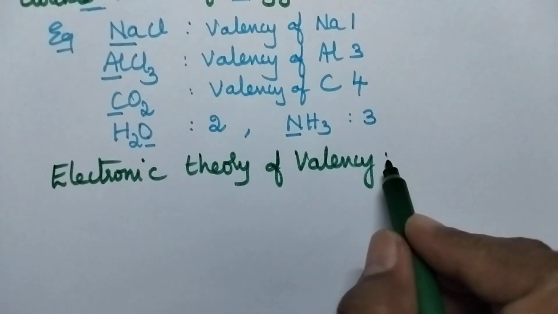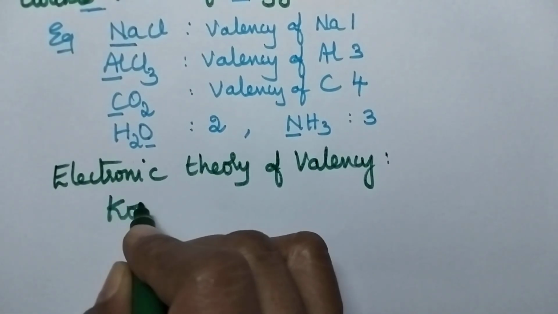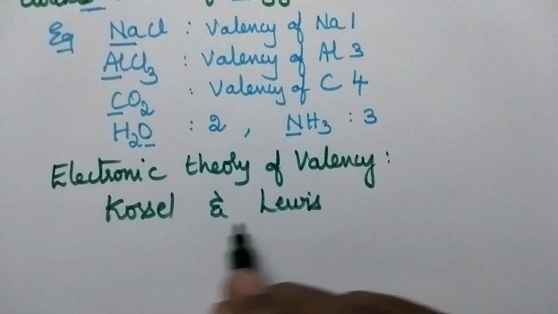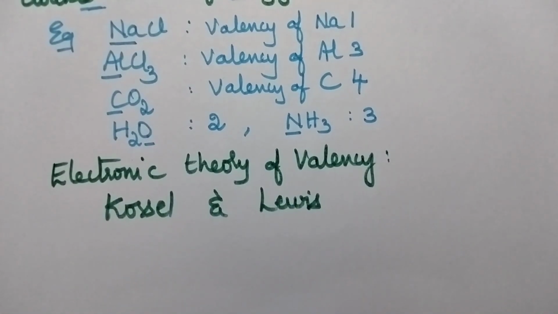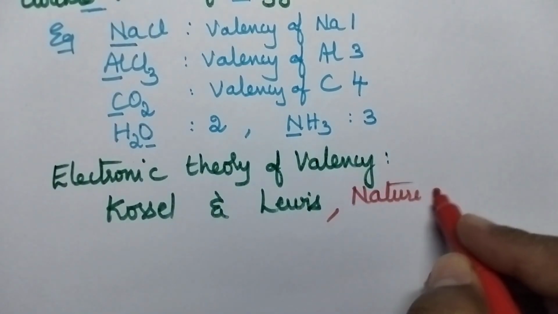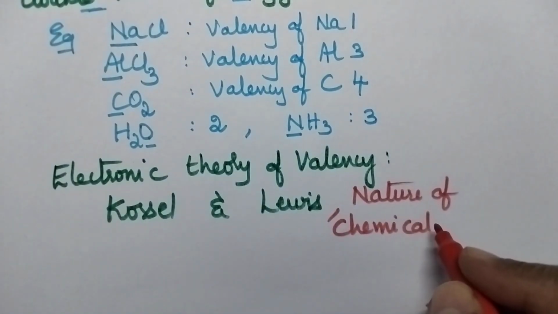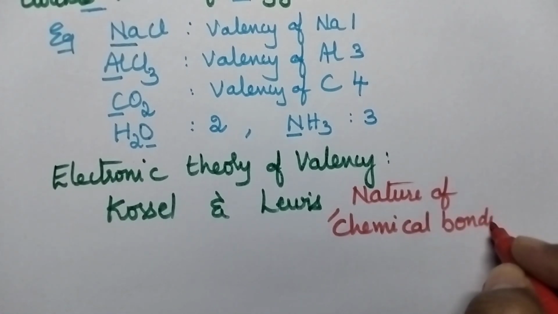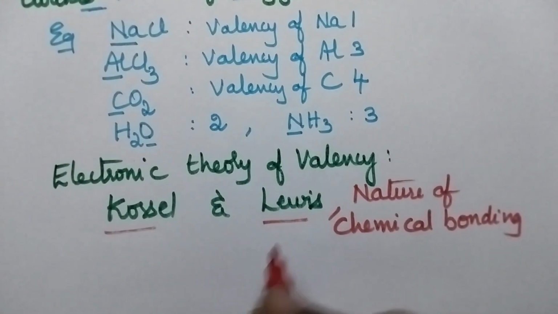The electronic theory of valency was proposed by Kossel and Lewis in order to explain the nature of chemical bonding, that means what type of chemical bond is present between the atoms in the given molecule. So the nature of chemical bonding is beautifully explained by Kossel and Lewis.